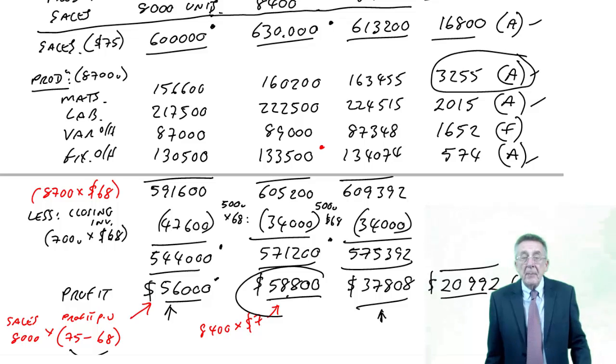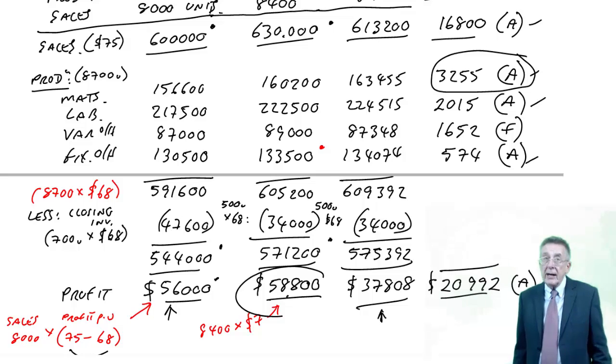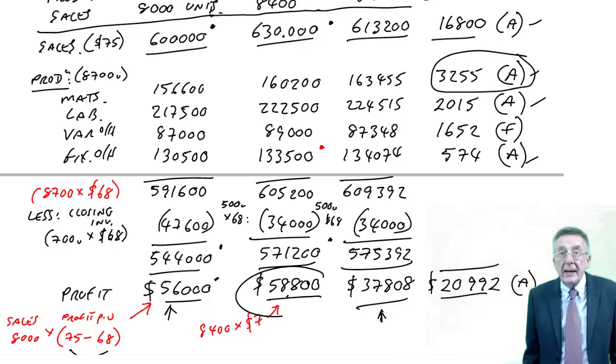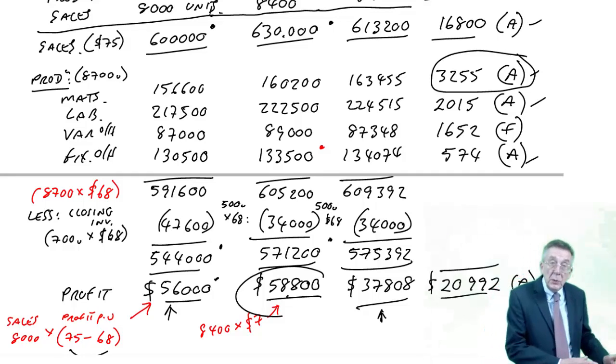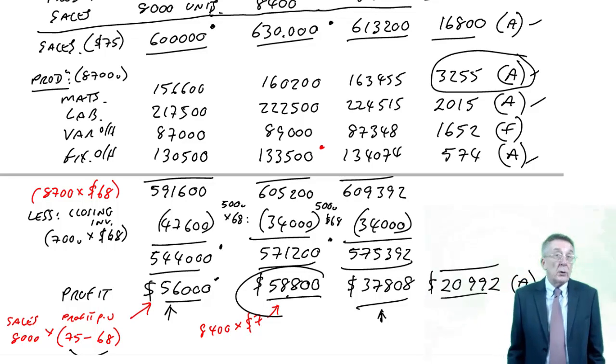Because there's likely to be different managers responsible. One manager is responsible for buying materials, and I want to know if he paid the right price or not. Another manager, perhaps the production manager, is responsible for using the materials, and I want to know if he used the right quantities or not.